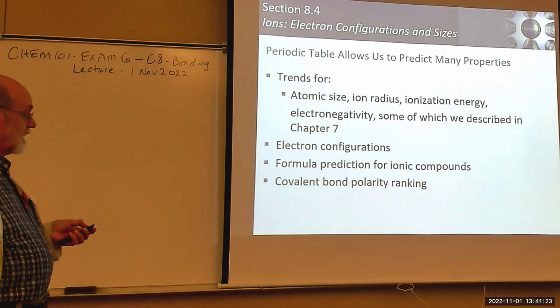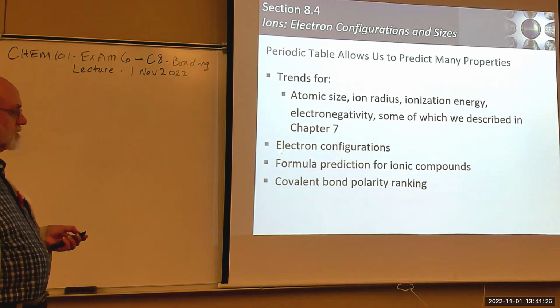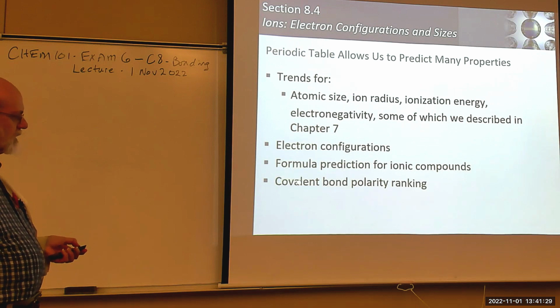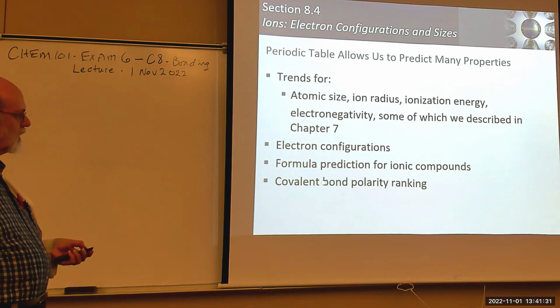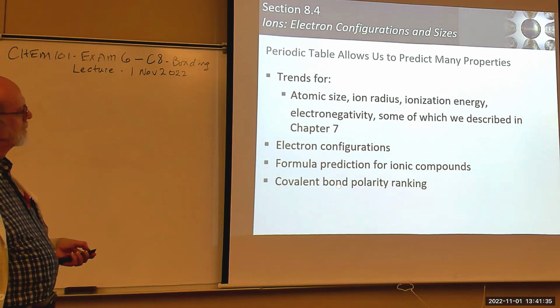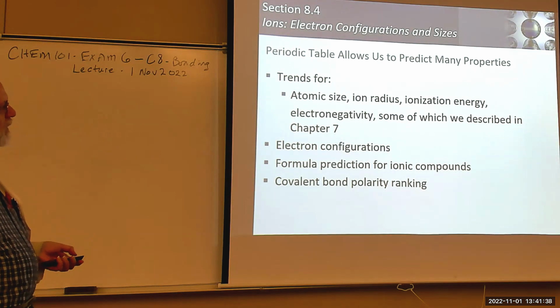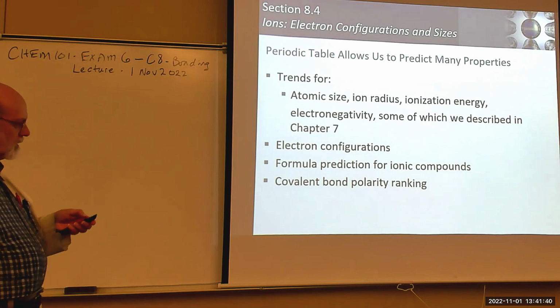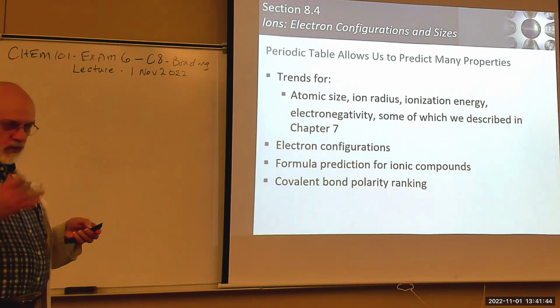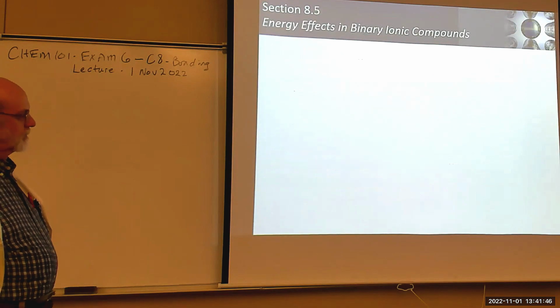Now we're going to look at electron configurations, prediction of formulas for ionic compounds, covalent bonding, polarity. In fact, we've covered those. Periodic trends in the table allow us to say something about each one of these, one element relative to the other.